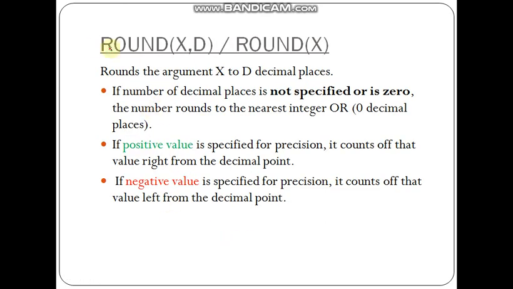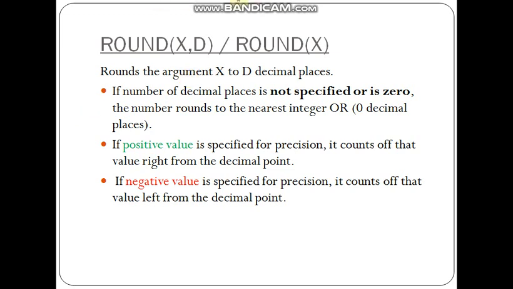Let's see another single row function, the ROUND function. This is for rounding purposes. When we write marks, if it is 23.5, you will consider that as 24. When we write 23.25, it is considered as 23 itself. That means if the digit is 5 or above, 1 will be added to the set position.